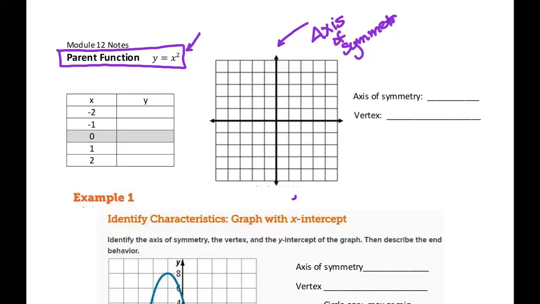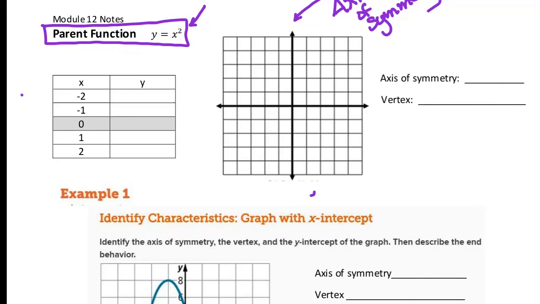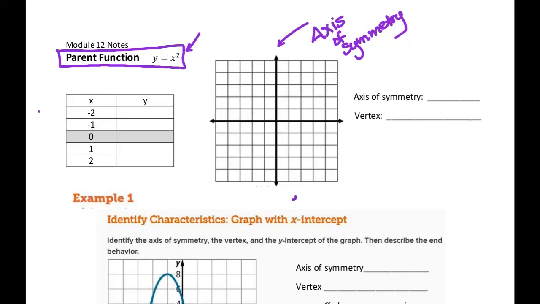Now, I just know that because I'm a math teacher, but we want to look at what is going to happen just to the left of that y-axis and just to the right. So that's why we have selected these x values, okay? So I'm looking at -2, -1, 0, 1, and 2. I want to see what's going to happen around this axis of symmetry, all right?